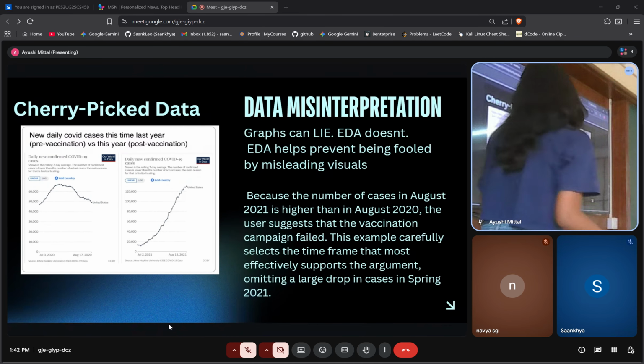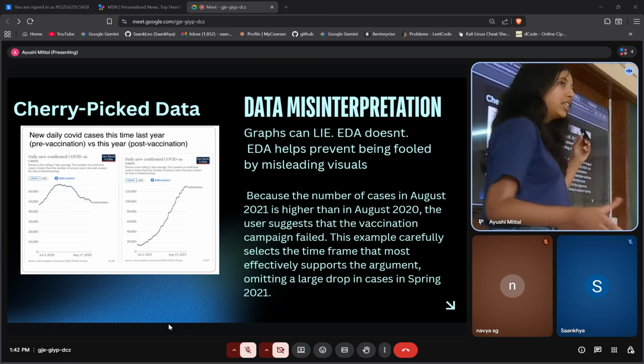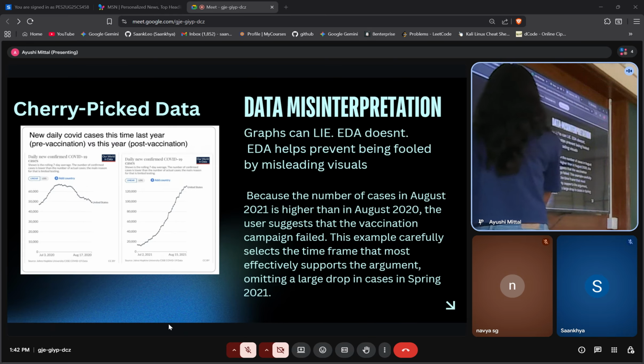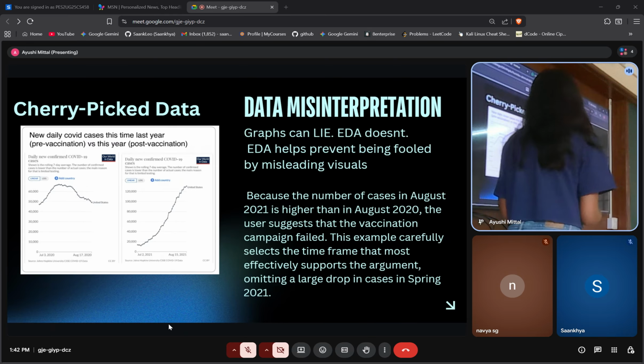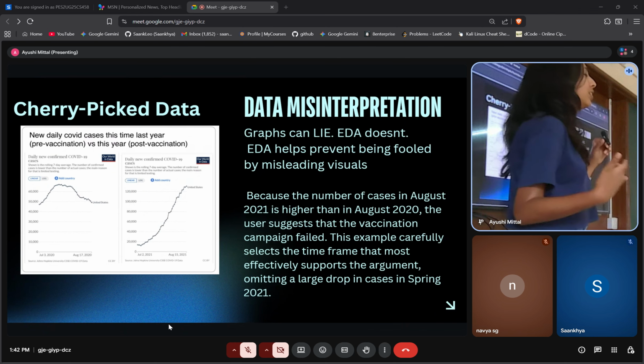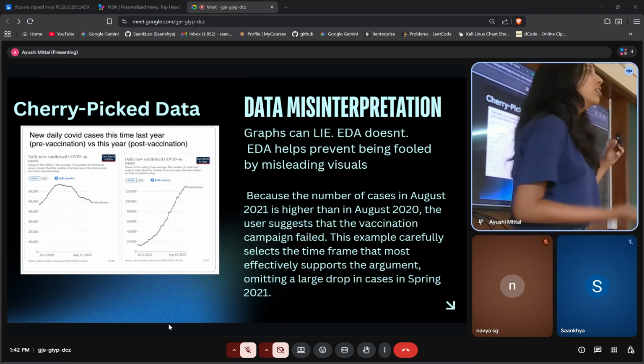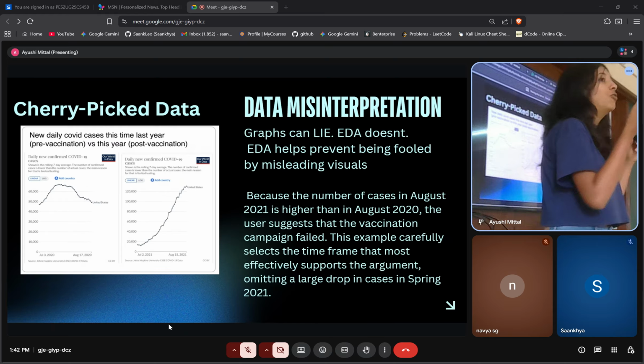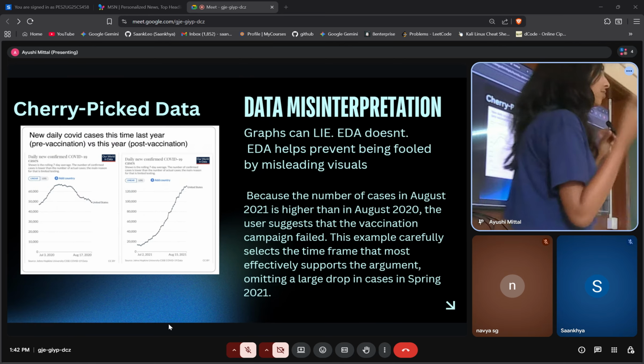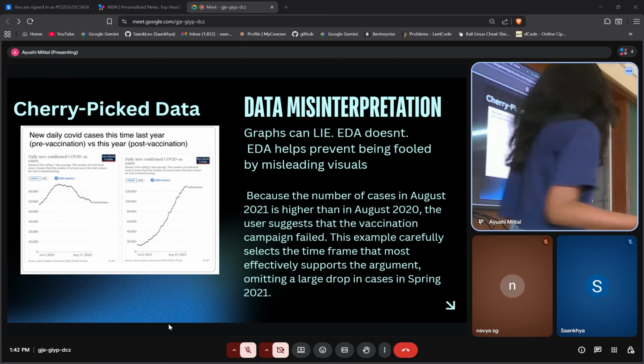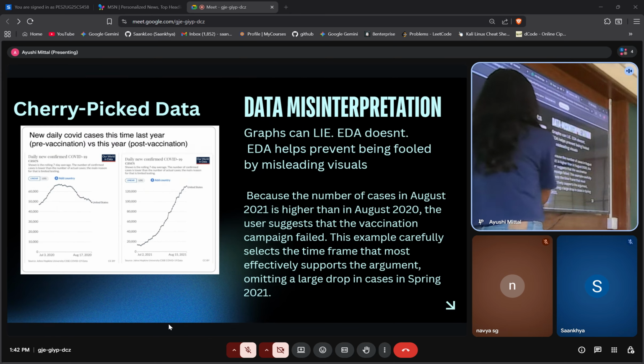But this is not actually true, because the claim is very small. In June of 2021, when the vaccination actually started, the number of cases had dropped a lot.